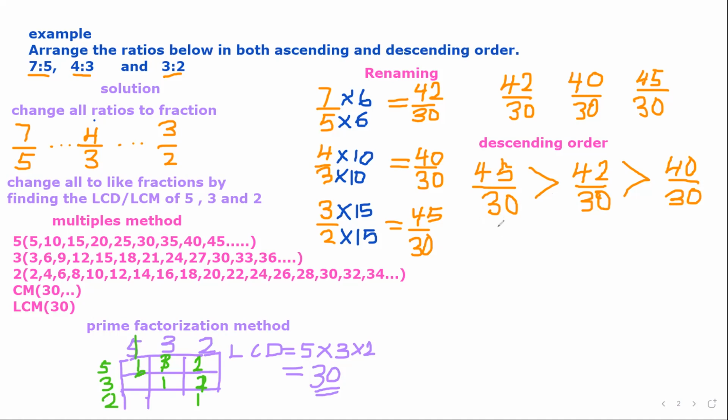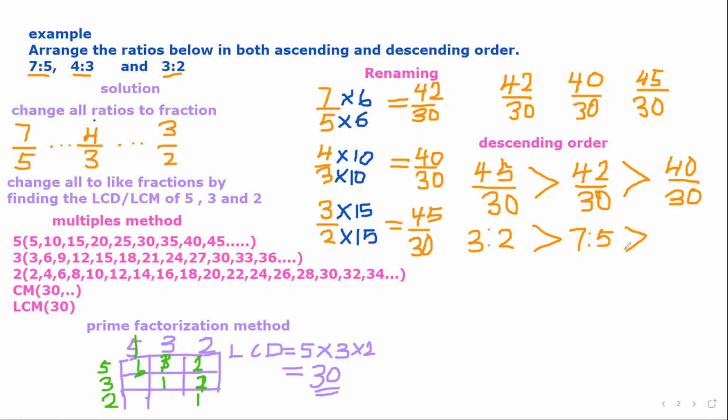Okay, then you write them in their ratio. So here, 45 out of 30 was derived from 3 to 2, which is greater than the 42, which was also derived from 7 to 5. Okay, good.